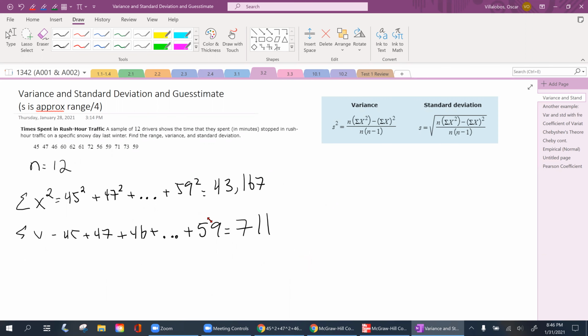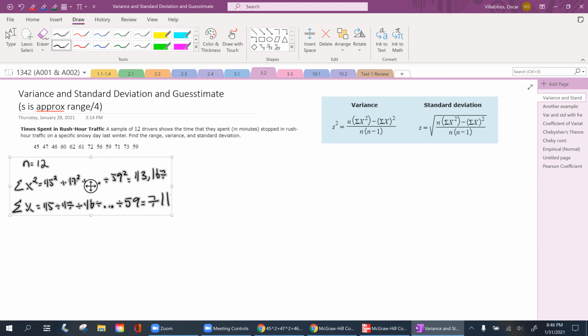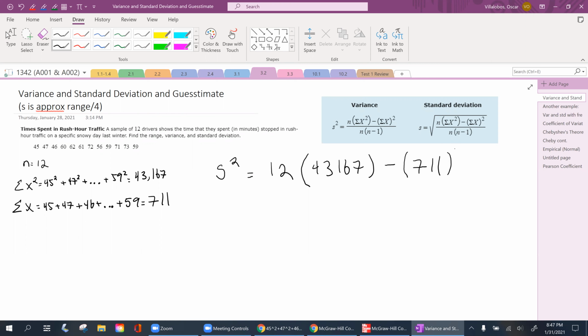Okay. So let's make this a little bit smaller, and I'm going to plug these values into the variance formula. The formula for variance is s squared is equal to n, which is 12, times the sum of the x values that were squared, so that's 43,167, minus the sum of the x values, which was 711, and I'm going to square those.